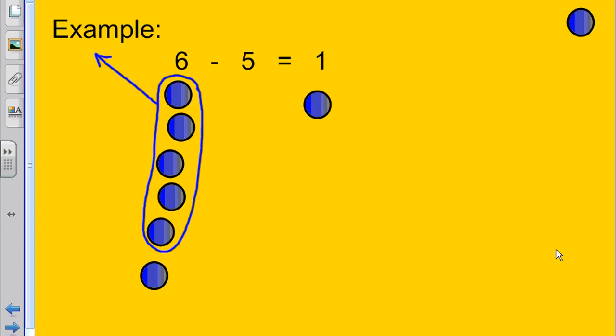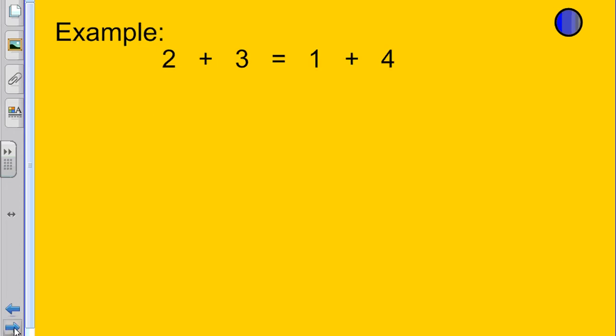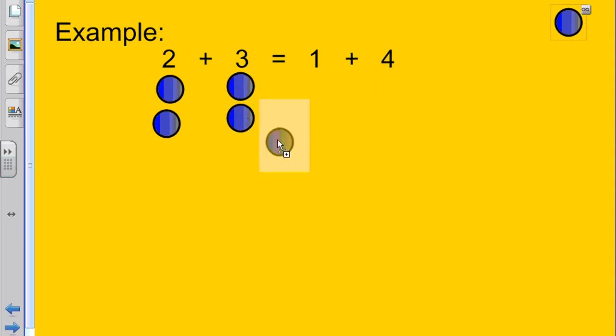This one's slightly more complicated. 2 plus 3 equals 1 plus 4. So on the left side, Raven, what do you think I have to do for the left side? You have to put 2 by the 2. 2 by the 2, yeah. There's 1, there's 2. And 3 by the 3.